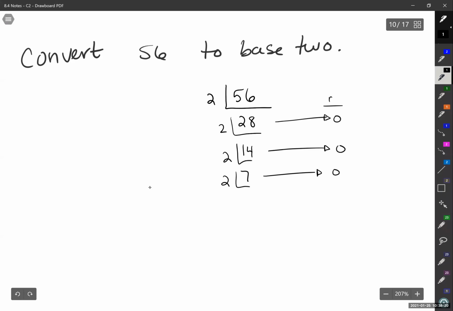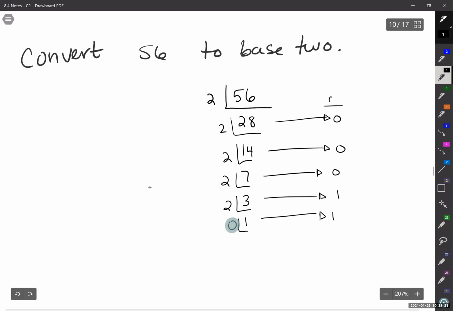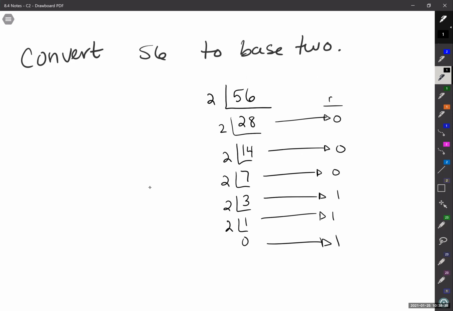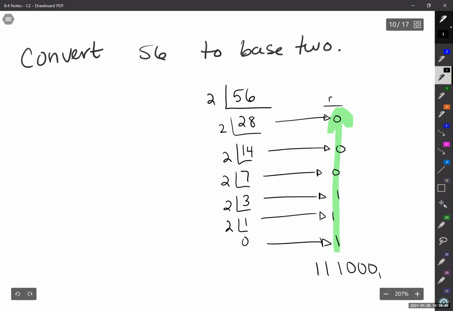Finally, we get one that's not perfect, so this goes in 3 times. So we need to have a remainder of 1. Now here, I'm going to make sure that I write down the right number of 1s and 0s. So I've got 1, 1, 1, 0, 0, 0 in base 2.